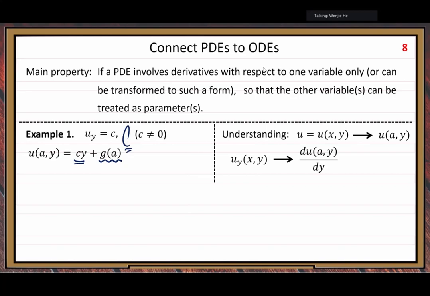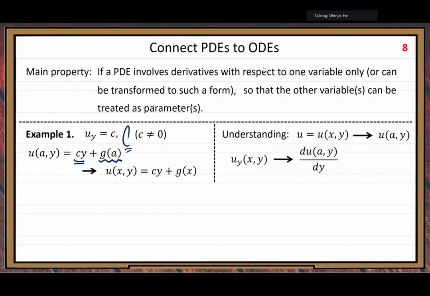So we need to go back. Here we used a as a parameter. Now we need to go back to the two variable expression. So the last form should be u of x and y equals cy plus g function of x.